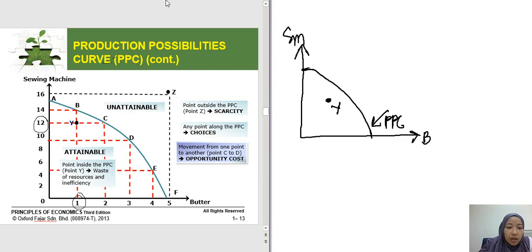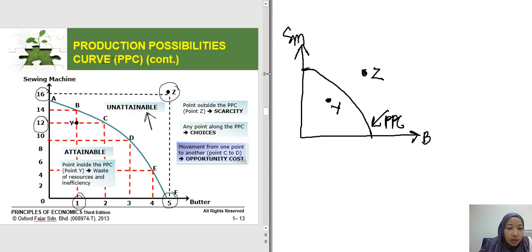What happens if your production is outside the PPC? Let's say point Z here, meaning you want to produce 16 units of sewing machine and 5000 kgs of butter. It says here unattainable.